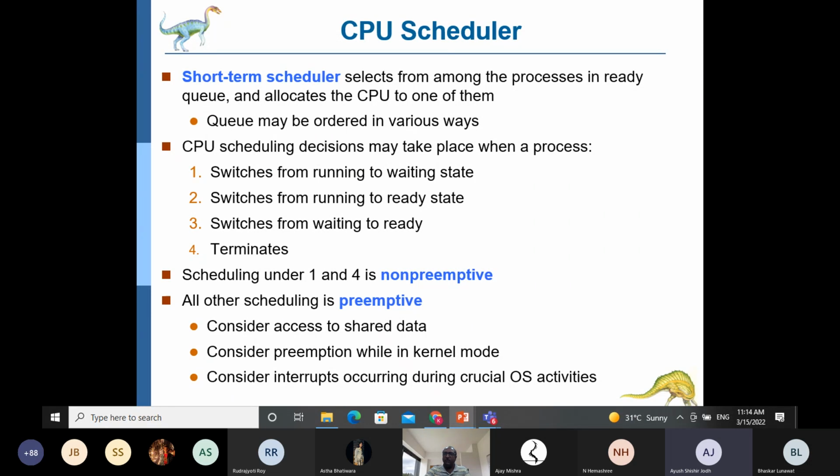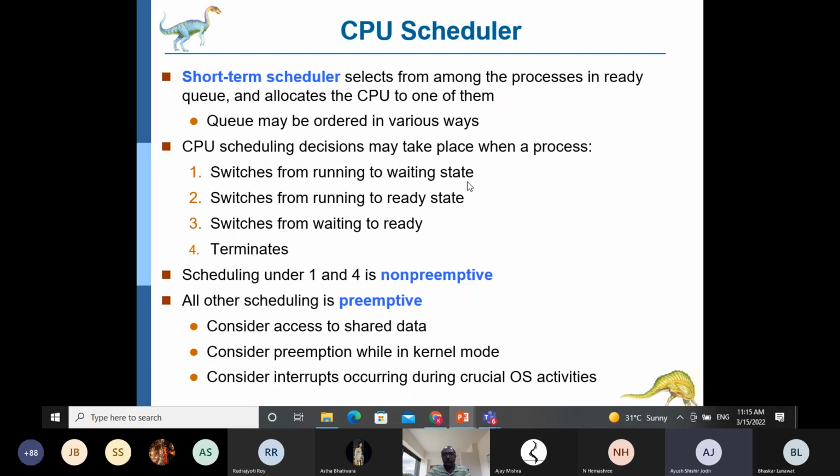The reason for going to the waiting state will be different. The process may need IO, it may be waiting for IO from a keyboard, or from a file, or, for example, a process created a child process and afterwards it may be waiting for the child to complete. So there are different reasons for the waiting state.